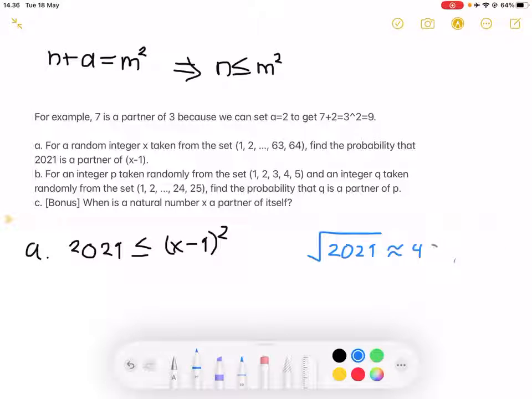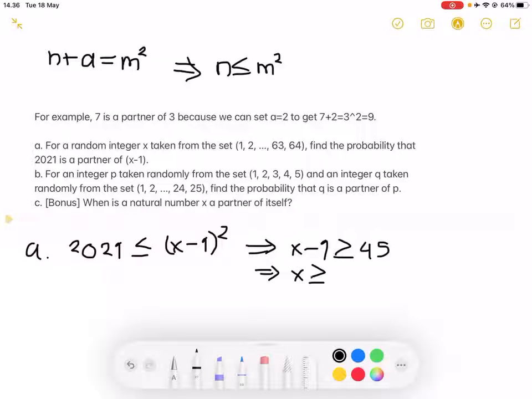So you can round this to 45 to the nearest integer. So this inequality turns into x minus 1 is greater than or equal to 45, or in other words, x must be greater than or equal to 46.